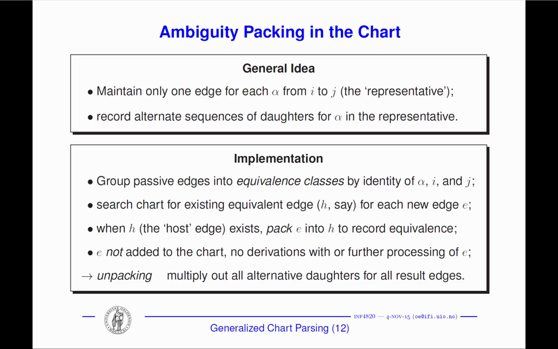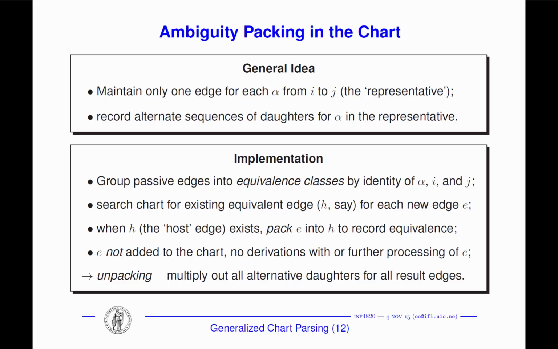And to make implementation even more straightforward, logically or conceptually what we're doing here is we group passive edges into equivalence classes by identity of alpha, i, and j. That notion of equivalence classes recovers the set in each of the cells. i and j define a cell, and alpha is the category.